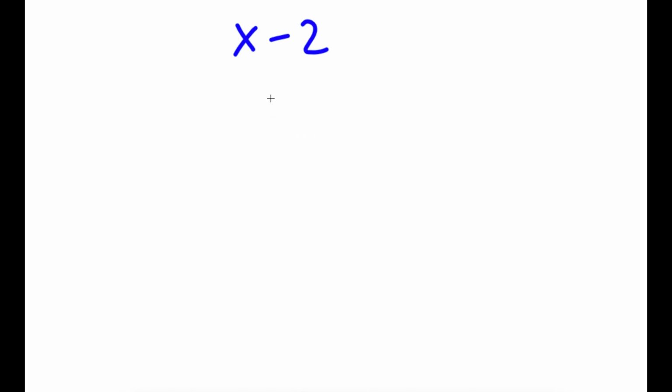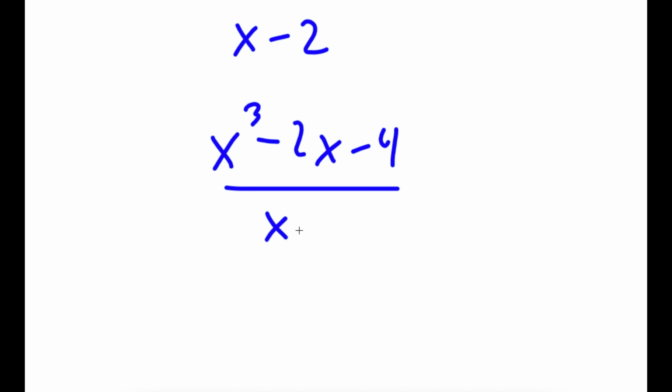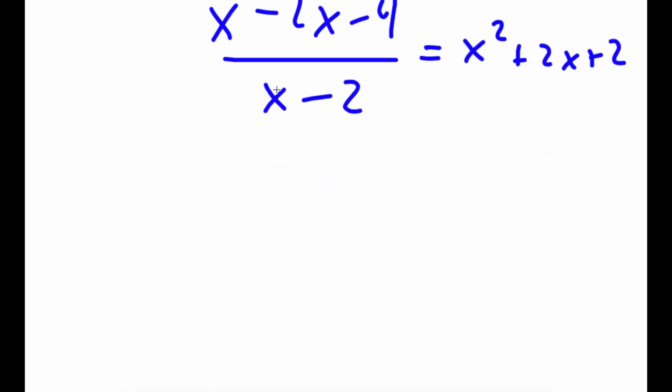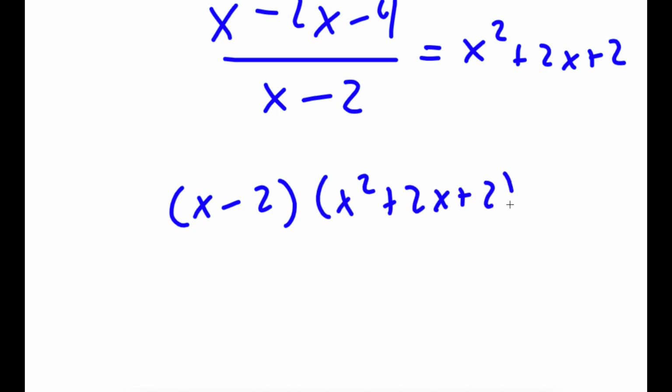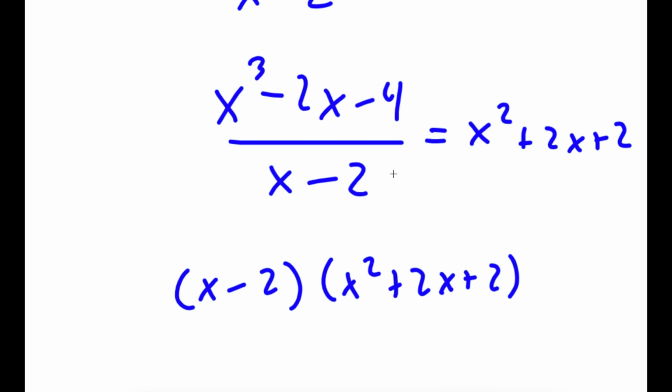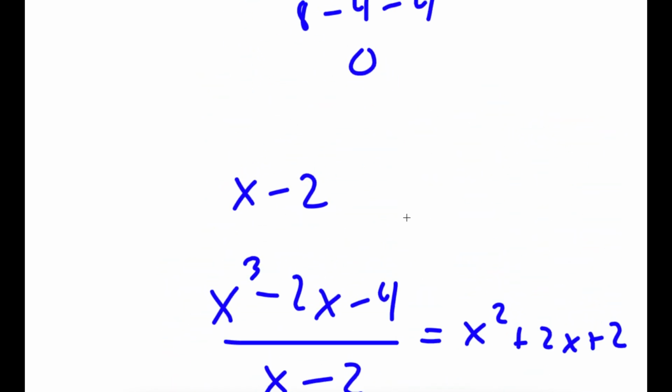So now, if I divide x to the power of 3 minus 2x minus 4 by x minus 2, I'm not going to waste your time by actually dividing these two, but if you do divide them, you should get x squared plus 2x plus 2. So this is the same thing as x minus 2 times x squared plus 2x plus 2, which is also equal to 0.